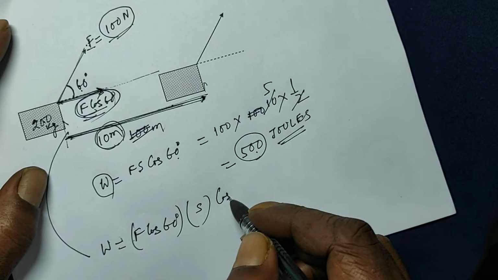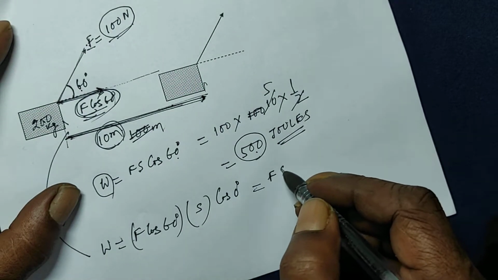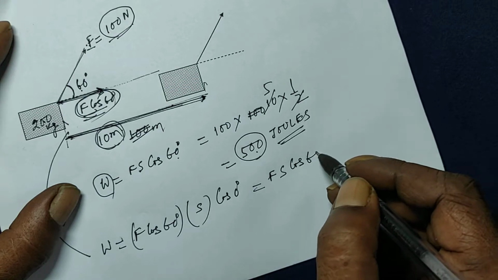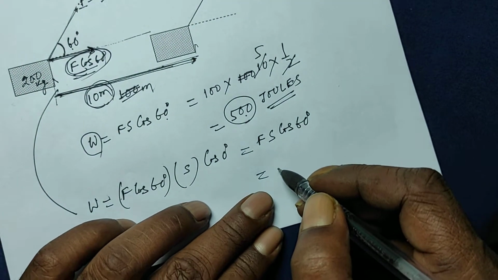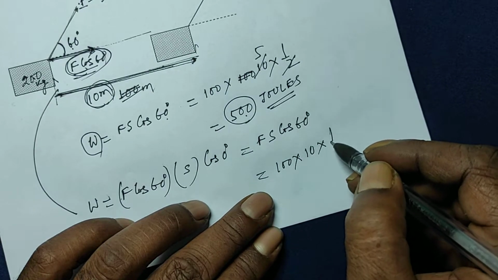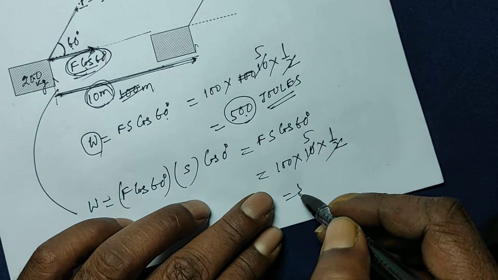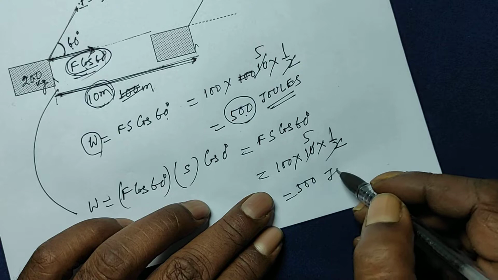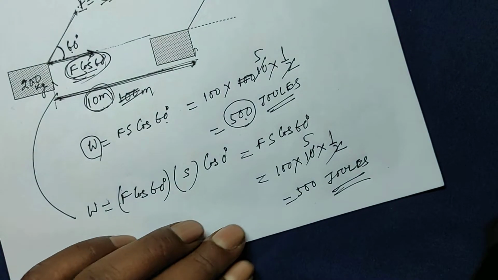So put cos of 0 here. Cos 0 is 1. So that is the same thing as F s cos 60. So F is given as 100 Newton and displacement as 10 meter. Cos 60 is 1 over 2. This cancels. So 500 joules of work is done.